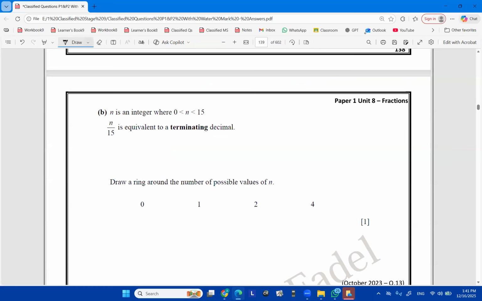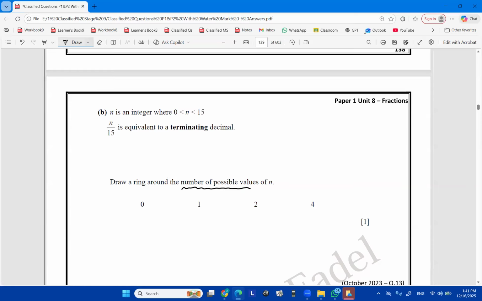They're saying to you that n is an integer, where n is greater than 0, less than 15. N over 15 is equivalent to a terminating decimal. Draw a ring around the number of possible values of n. Mister, this is asking me for the number of possible values. How many possible values are there? Right, let me tell you something.